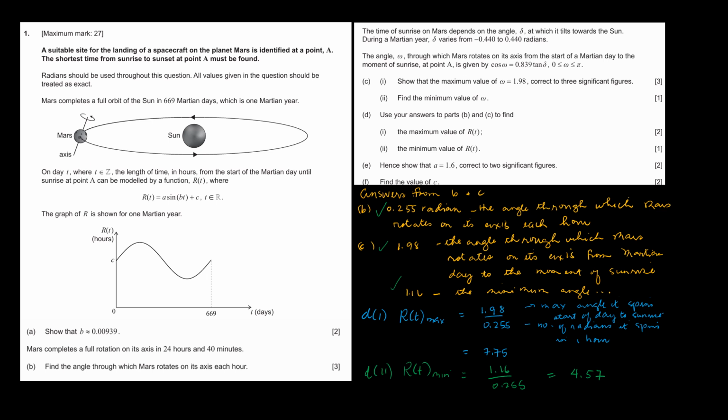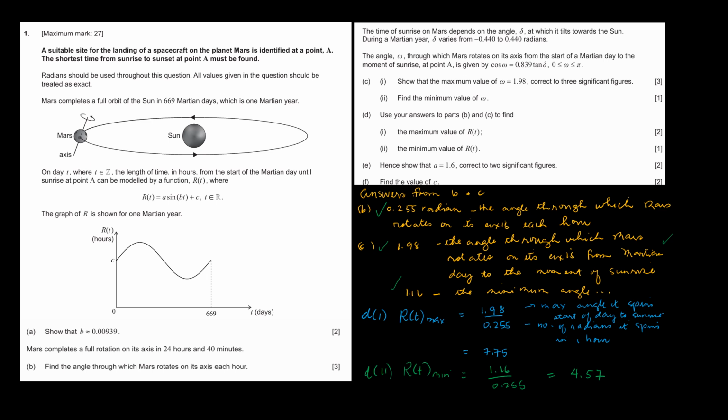So R(t) max will be the maximum angle it spins from the start of day to sunrise. This is what we have here. And then the 0.255 is the number of radians it spins in 1 hour. You get it? I repeat.